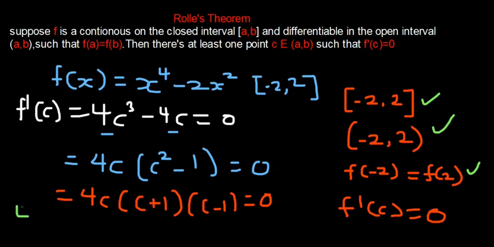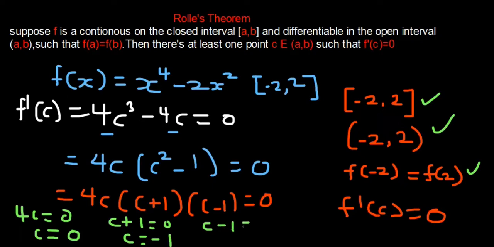First of all, I have 4c equal to 0, so this will give me c to be 0. And then I have c plus 1 equal to 0, and this will give me c equal to -1. And then the last part, I have c minus 1 equal to 0, so I have c equal to 1. So these are the values of c that we have.